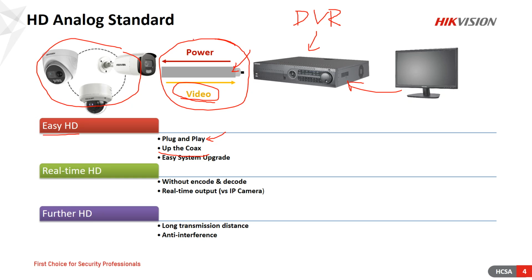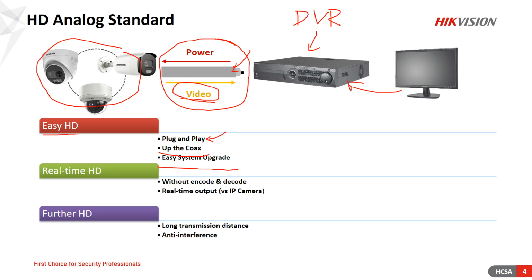At the same time, the DVR is going to provide the power for the camera, and also it's going to transmit the control signal to the camera. So every signal can be transmitted on the coaxial cable, so that's why we call it up-the-coax technology.